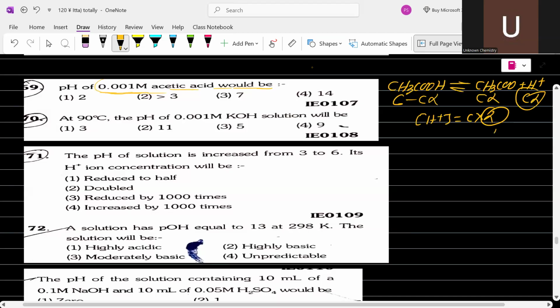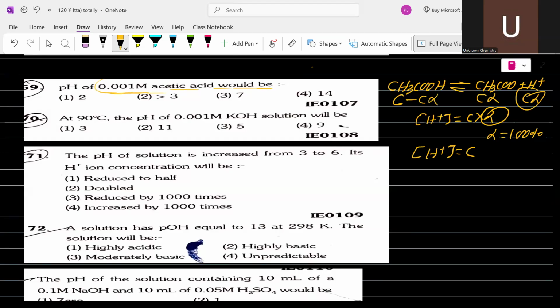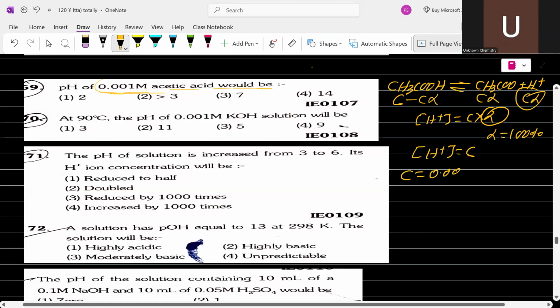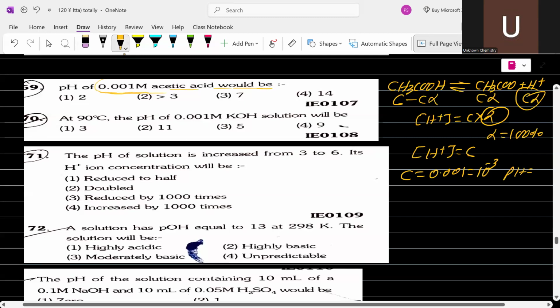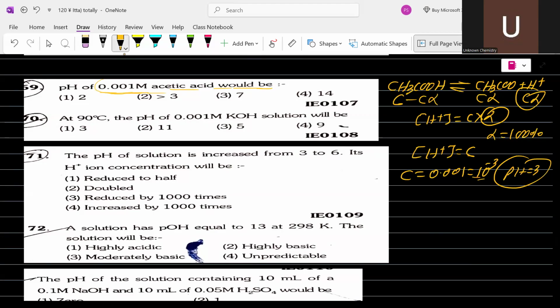If alpha is 100%, it becomes a strong electrolyte, and then H plus will be equal to C. But actually H plus will not be equal to C. What is the concentration of acetic acid? C is given as 0.001, that means 10 raised to power minus 3, so pH would equal 3, which is acidic. If it were a completely strong electrolyte, pH would be 3.